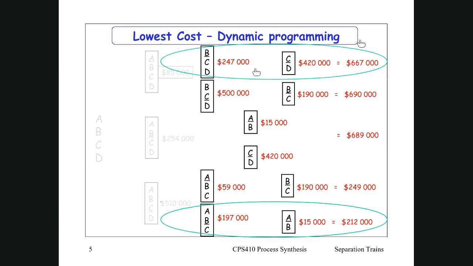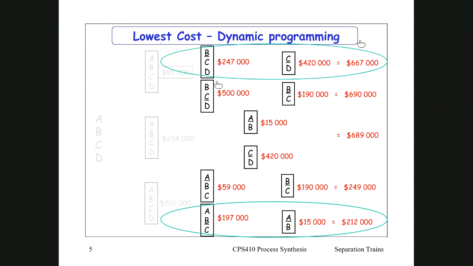But if we go one step further, we look at a ternary mixture of B, C, and D. So never mind that there are two things here. If you've got a ternary mixture of B, C, D, there will be two ways of doing it. And dynamic programming says, yes, you're moving from the back towards the front, towards the start of the process.